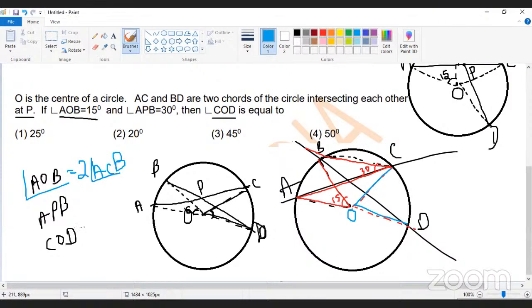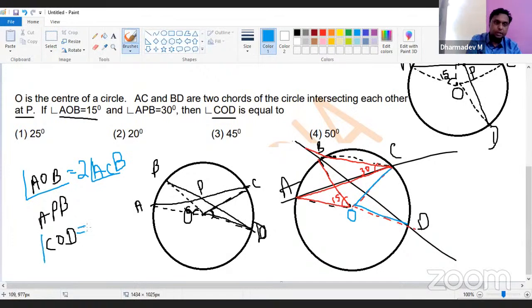Yeah. So when I say COD, which side will be twice that? CBD. Yeah, fine. CBD or DBC, any side.